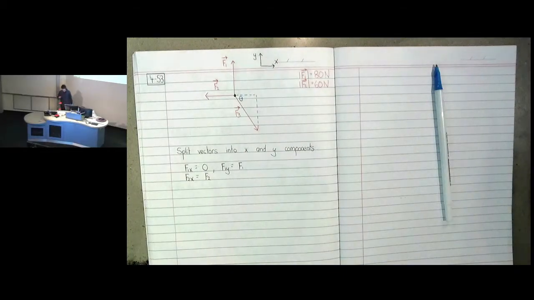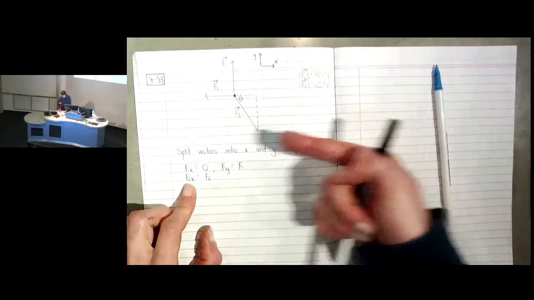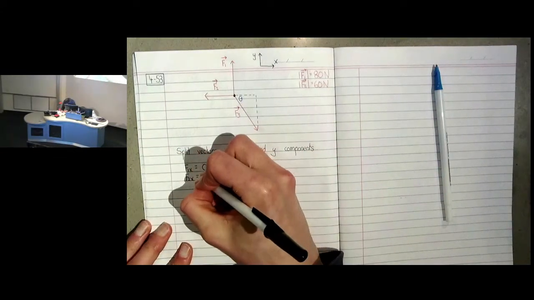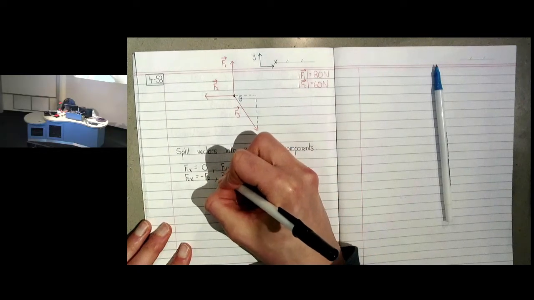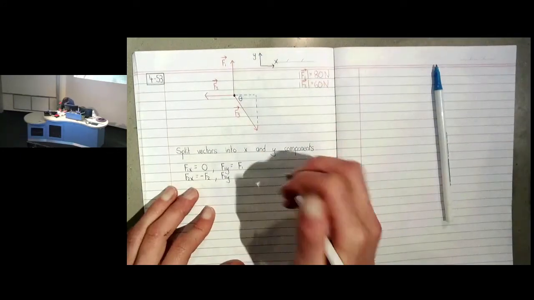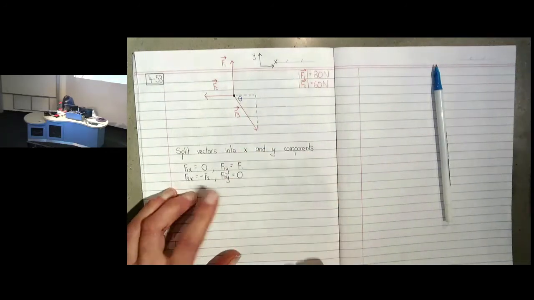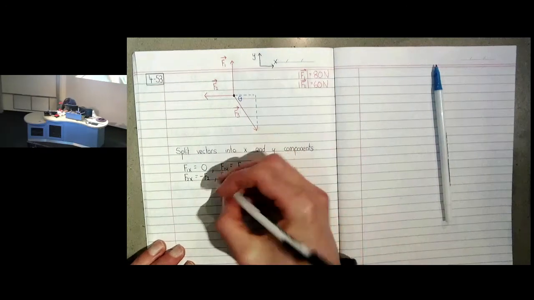With a slight complication in that because F2 is pointing in the negative x direction, its x component is going to have a negative sign out the front. And as for its y component, well, because it's pointing entirely in the x direction, its y component is going to have to be 0.